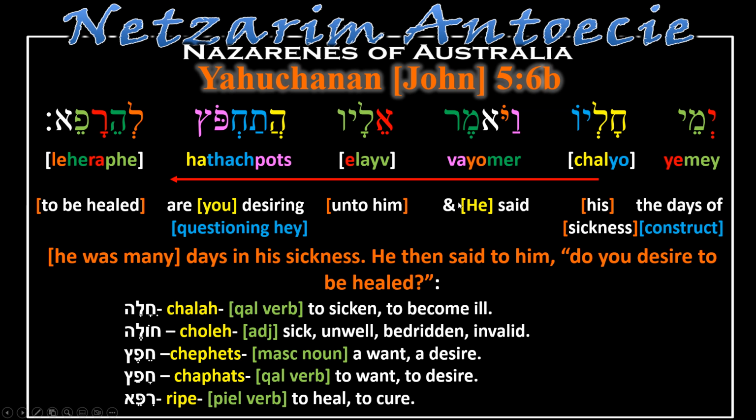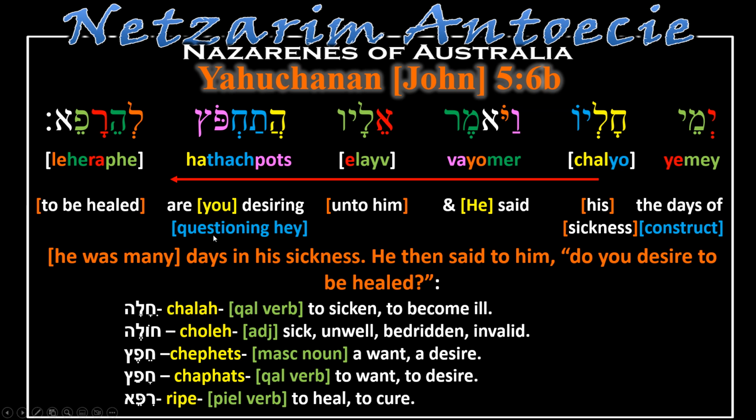Va yomer, and he said, Elav, unto him, ha tach pots. Are you desiring? Right? So first we've got to work out why it is a question. Because the hey there is a questioning hey. Are you desiring? And with the tav we could say it's second person.